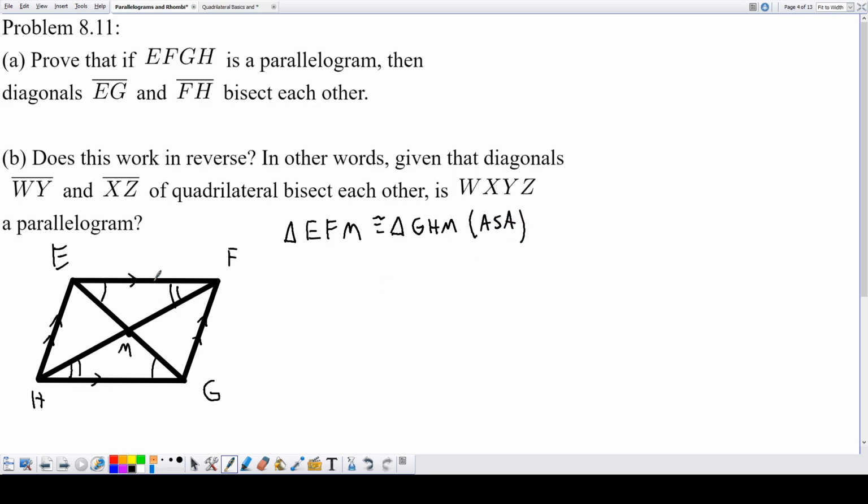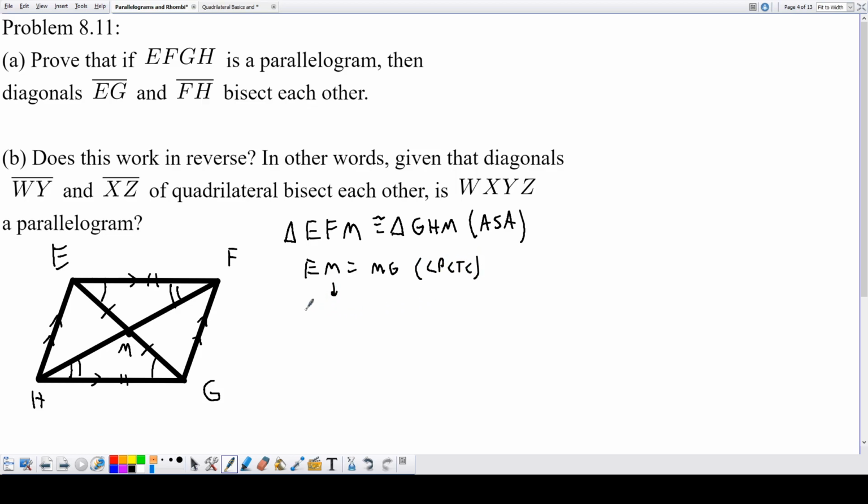And the last problem does tell us that the sides EF and HG are the same. Something we have proved already. So, that informs us that EM has the same length as MG because they're the corresponding sides. So EM is equivalent to MG because of CPCTC.